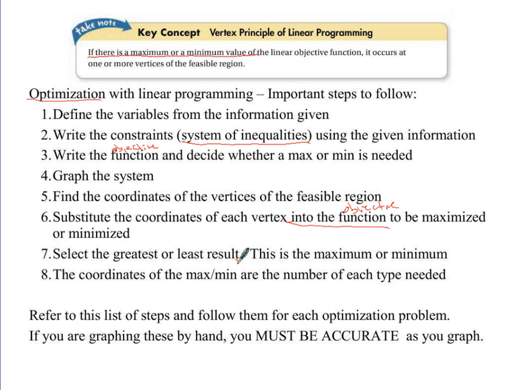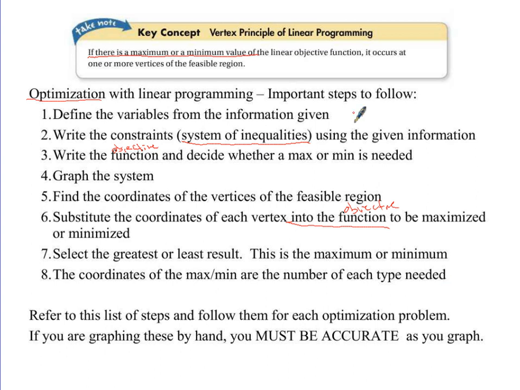The coordinates that gave you that maximum or minimum value are the number of each type of whatever it is that you're doing. Shoes and shoelaces, or pizzas, meat toppings and veggie toppings, or whatever it is that you're using. That ordered pair tells you how many of each maximizes or minimizes whatever the situation is. So refer back to this list of steps and follow them for each optimization problem.